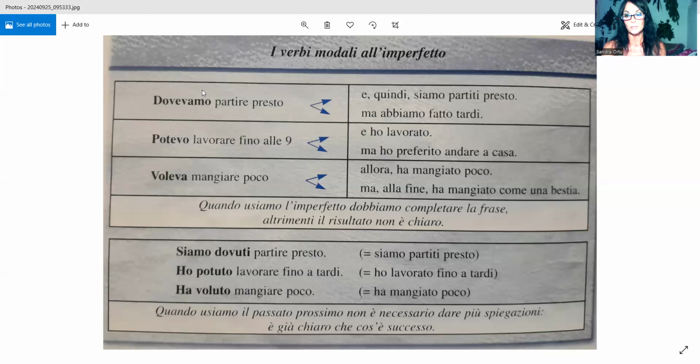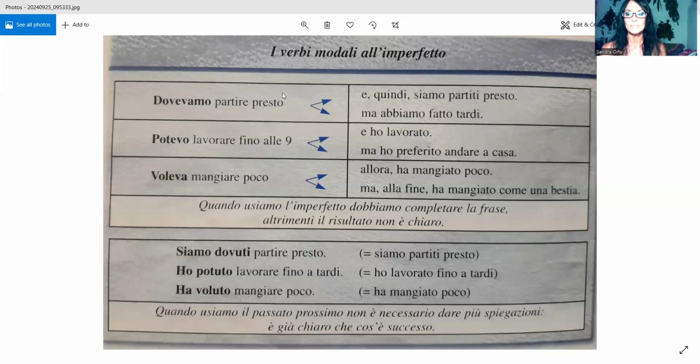So this one, dovevamo: in order to give a more accurate translation and meaning, and also to make a difference between the imperfect and passato prossimo, instead of having a literal translation, we are using an expression. We were supposed to leave early. We were expected to leave early, or we expected to leave early.